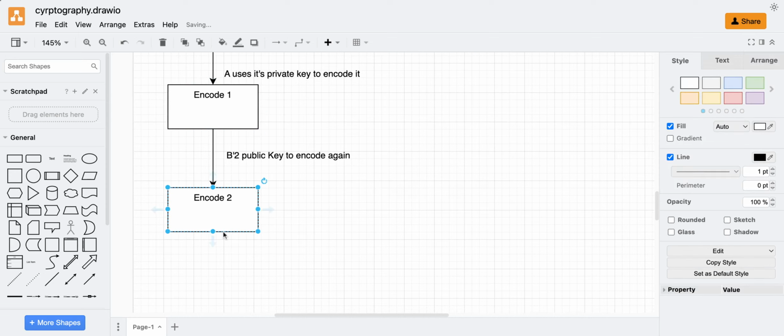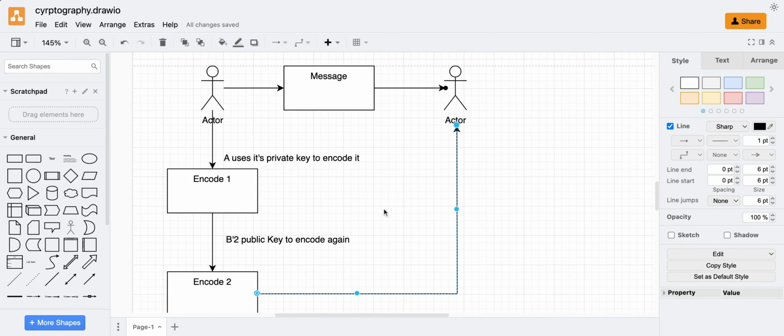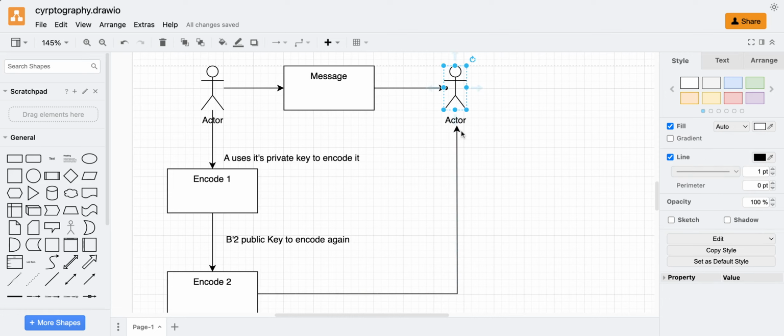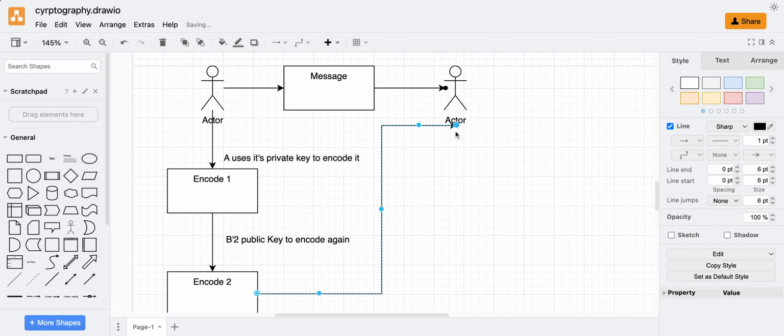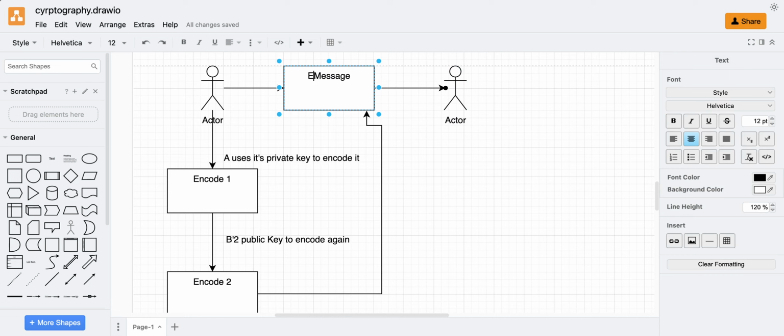Now it is going to send this message to B. Now this is how the encoded message looks.